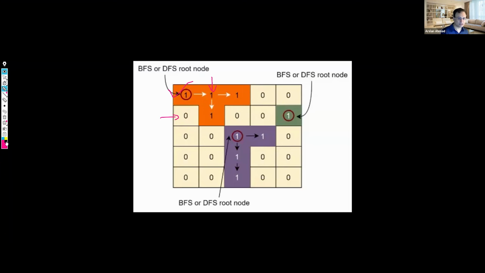Then you start traversing this element, and then you will push this and this. At this point, you have this and this. You have 3 elements, right? So these 2 and this one. Let's say you now remove this element and add this and this.